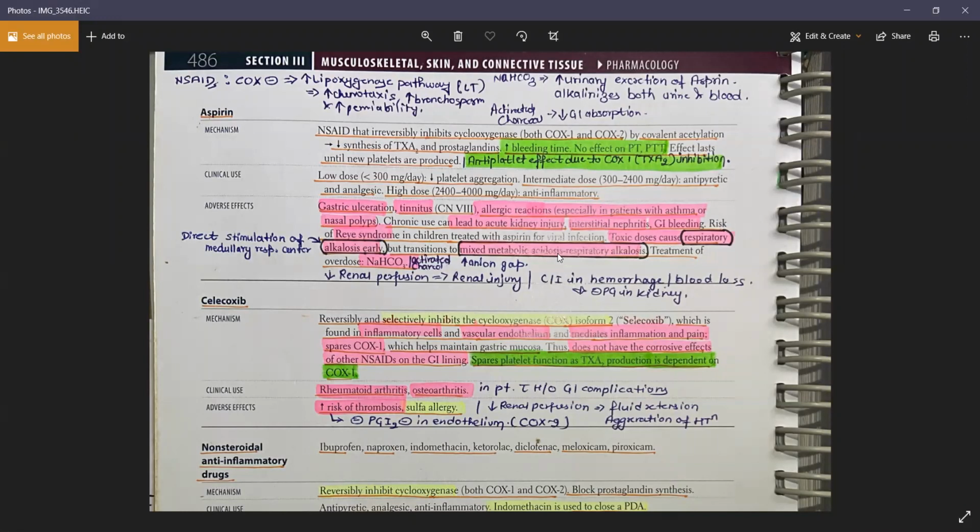So it would be a mixed respiratory alkalosis and metabolic acidosis in the patient.